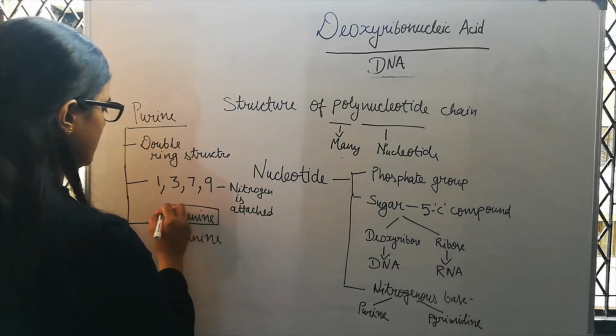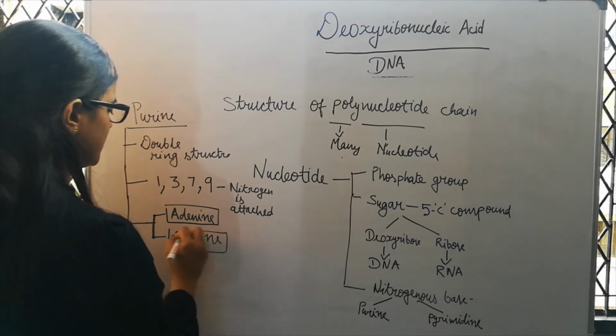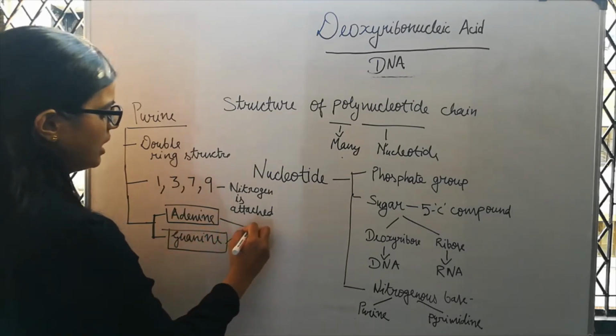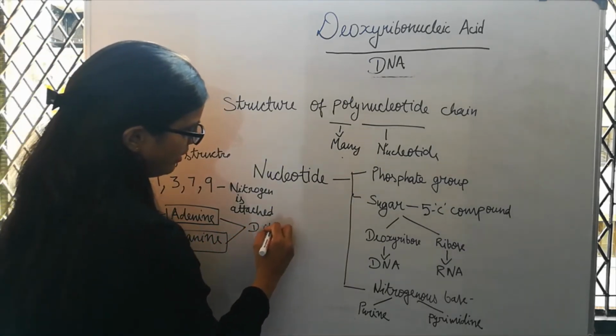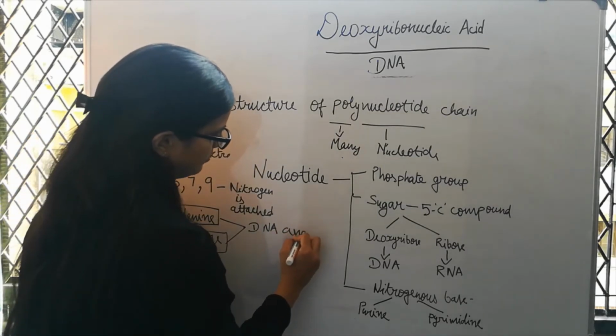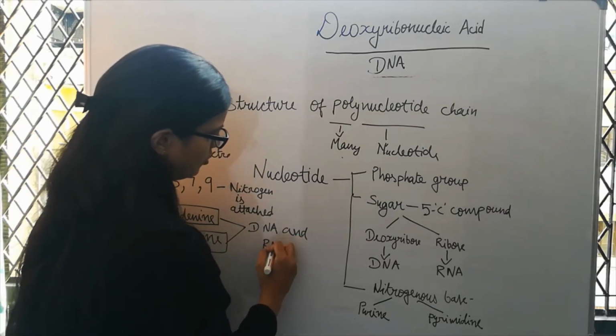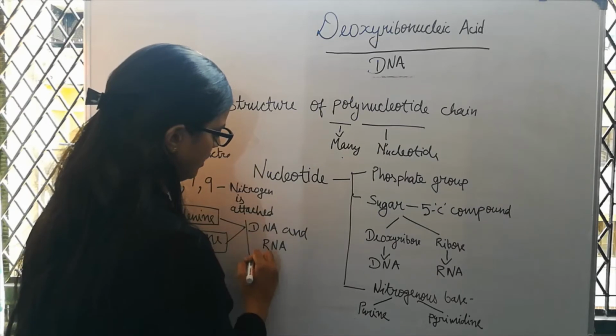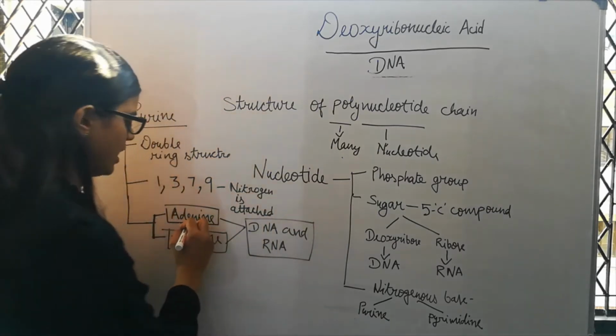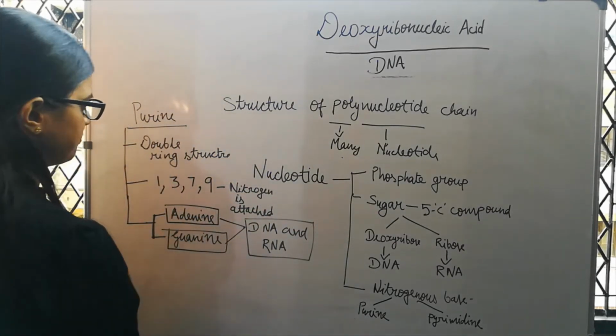Both adenine and guanine are present in DNA as well as RNA.